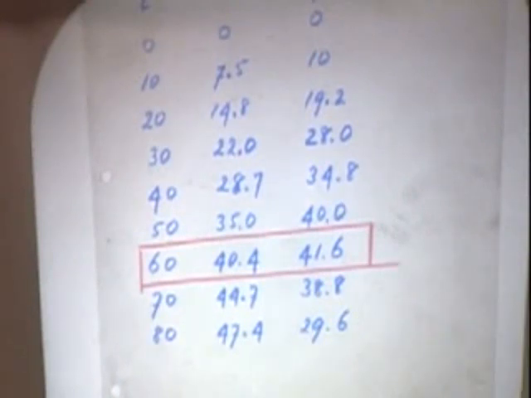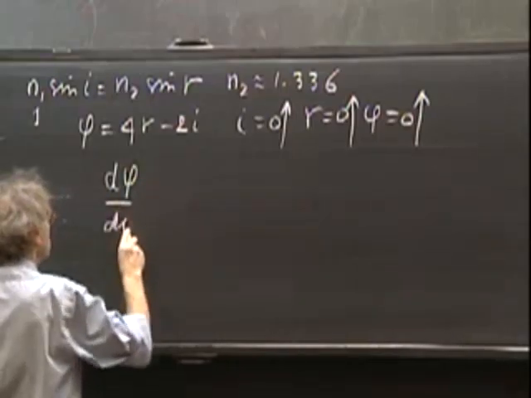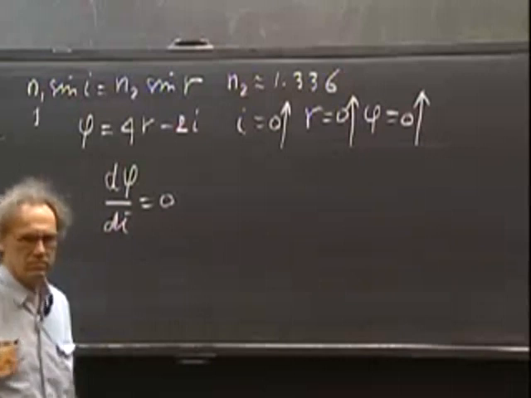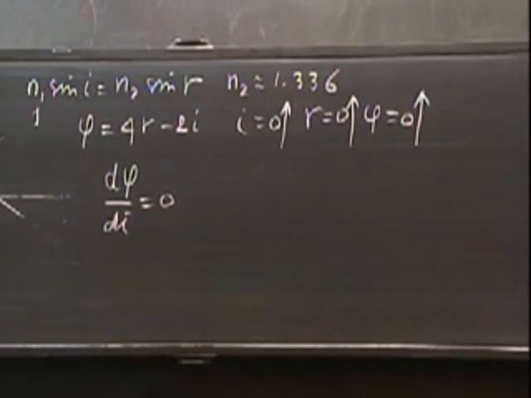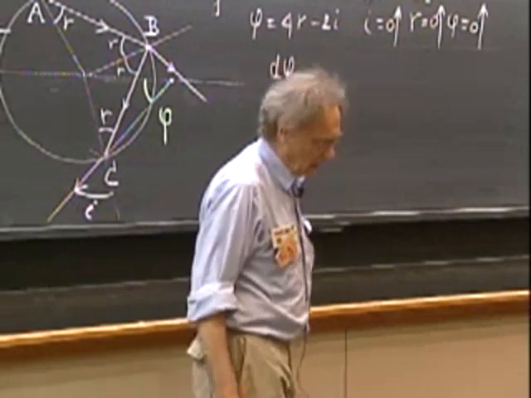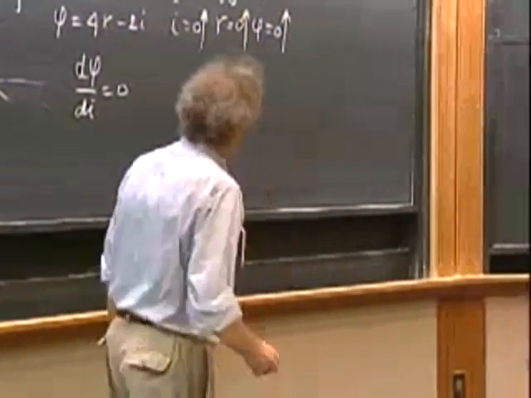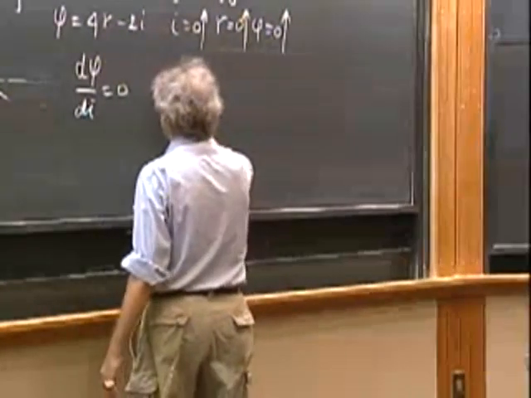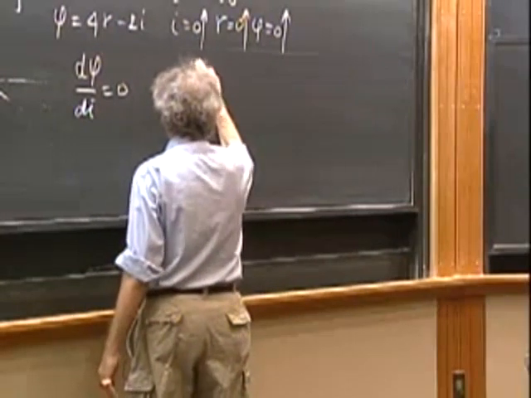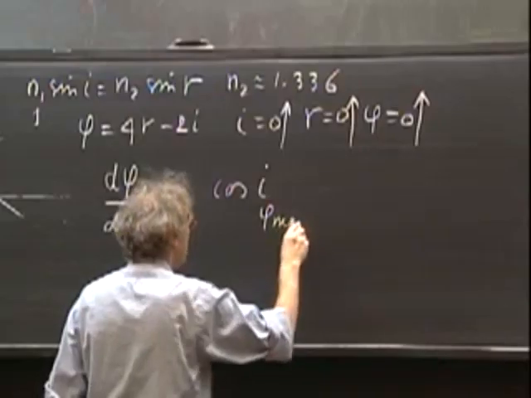And that was also part of the homework assignment. What you now do is you say d phi di equals 0. And then you have a long way to go. It's actually surprising. It takes a long way algebraically to finally conclude that indeed you can calculate that angle of I for which phi is a maximum.